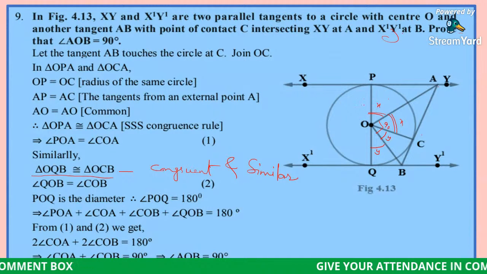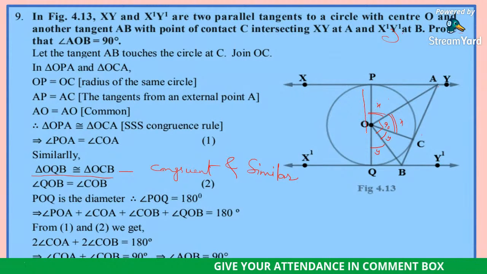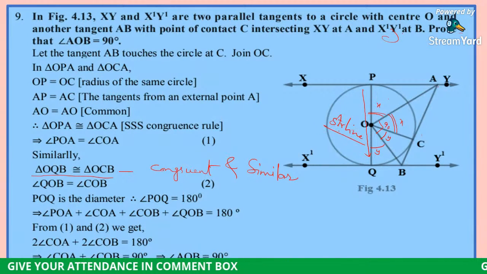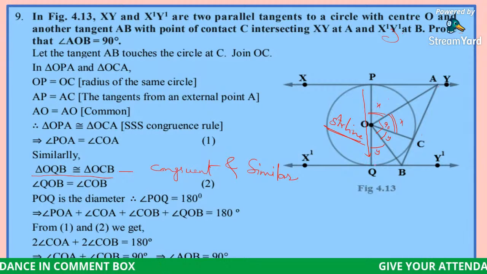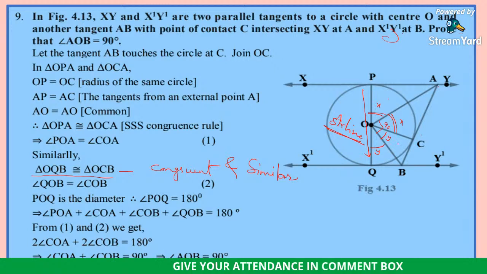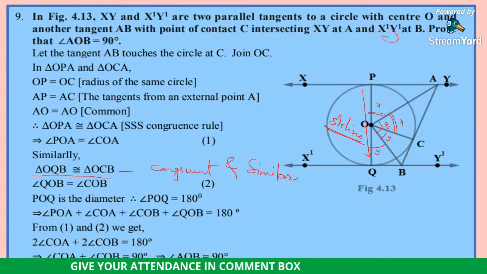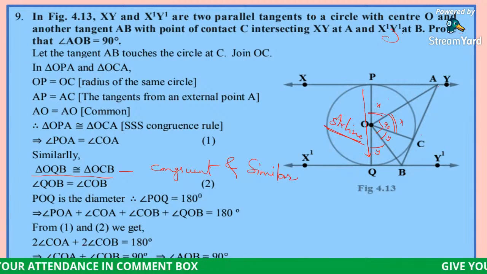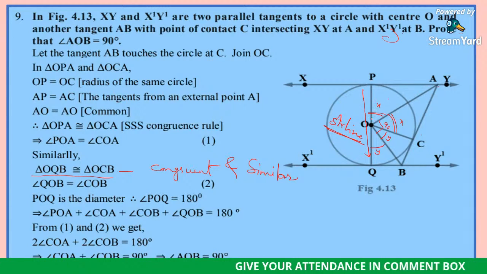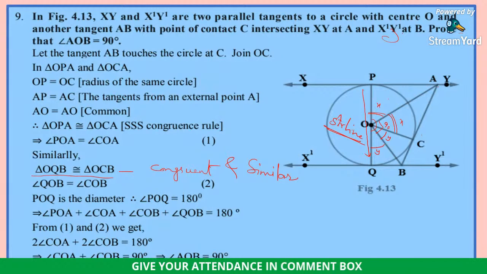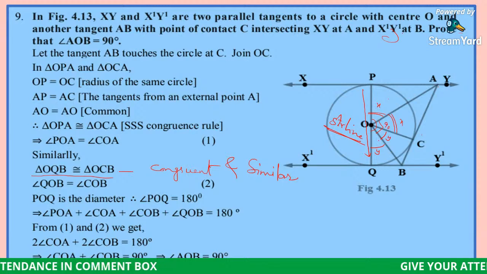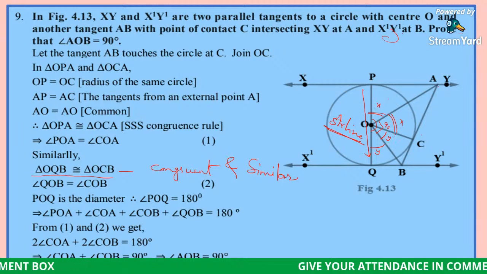Now, if you observe here in the figure, POQ is a straight line, isn't it? We can see from the figure POQ is a straight line, and this straight line has angles here. If you see, four different angles are through the point O, which is on the line PQ. Therefore, we already know the sum of all the angles on a straight line is going to be 180, isn't it? If it is 180, how do we have to prove these two are going to be 90?